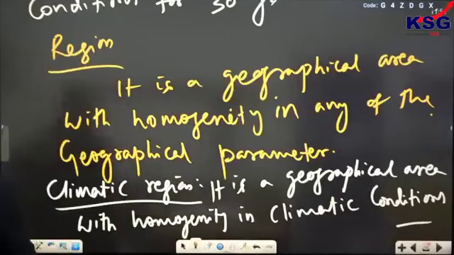So, this is very important here. Homogeneity in terms of any of the geographical parameter. Climatic region is a geographical area with homogeneity in climatic conditions.